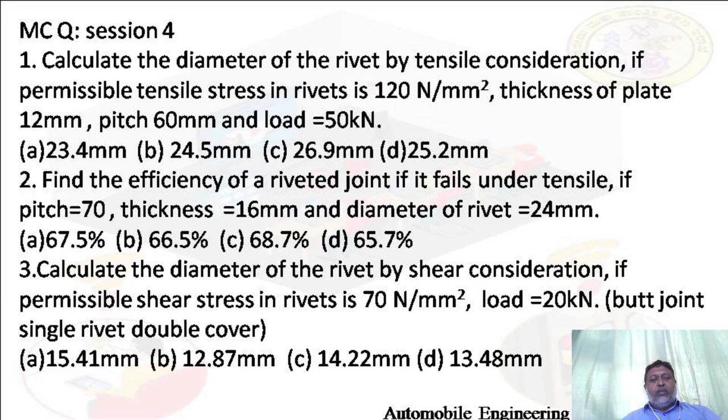Calculate the diameter of the rivet by shear consideration if the permissible shear stress is given and load is given. Butt joint, single cover, single rivet, double cover. Butt joint, single rivet. N is 1, but the shear is there. Okay, means 2 is there in the shearing equation, but not the number of rivets.